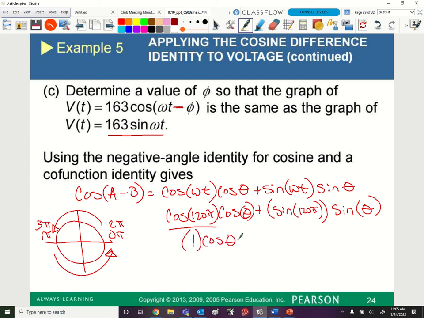So it's going to give me 1 cosine of theta plus sine. Now the sine value over here is, because this coordinate is 1, 0, the sine value is going to be 0. And again, anything times 0 is 0, so that's going to go away.